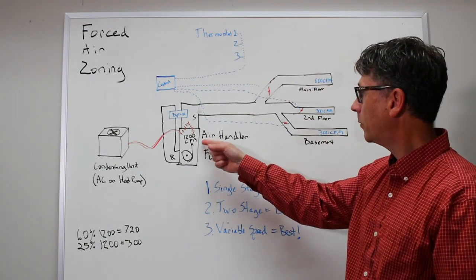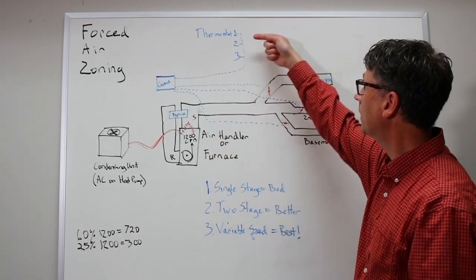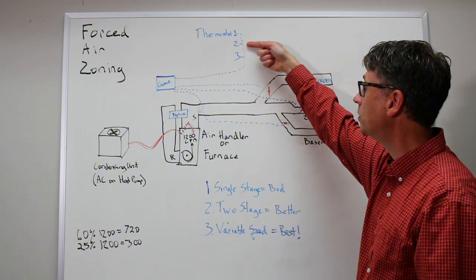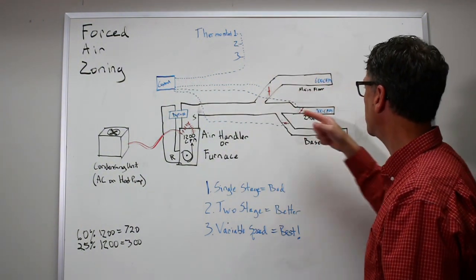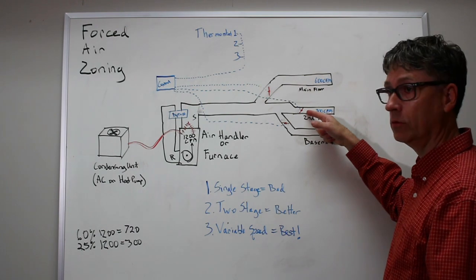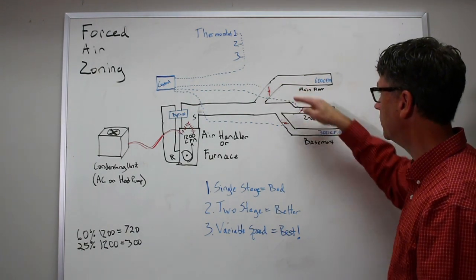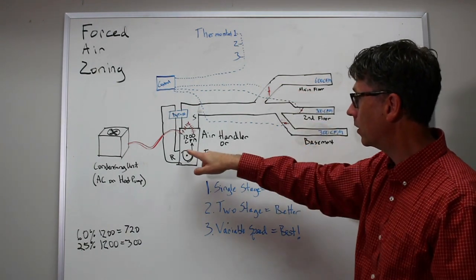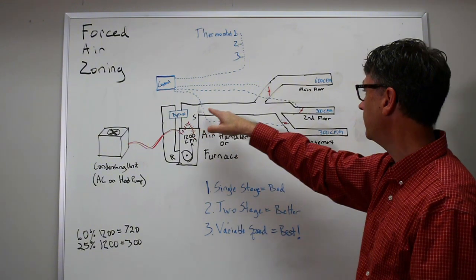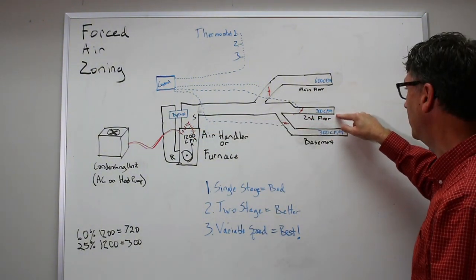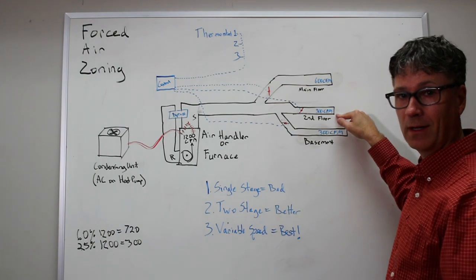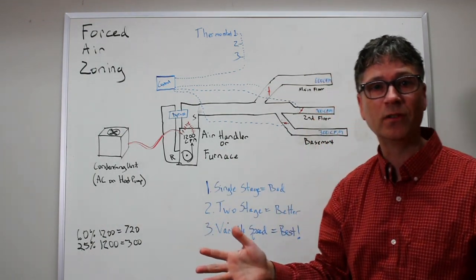Here we have a 3-ton 1200 CFM system. Let's say that thermostat number 2 calls for cooling, tells the zone controller. The zone controller opens the zone 2 zone damper while the other 2 zone dampers remain closed. Unit comes on, makes all 1200 CFM, comes down this line, and tries to squeeze it through a 300 CFM section of ductwork. 900 CFM just doesn't know where to go.